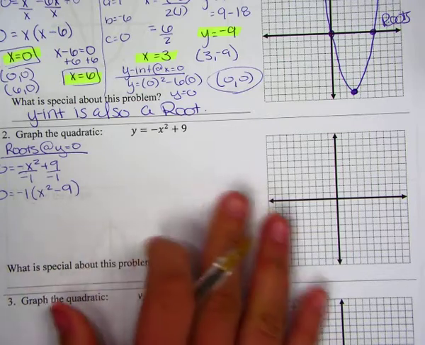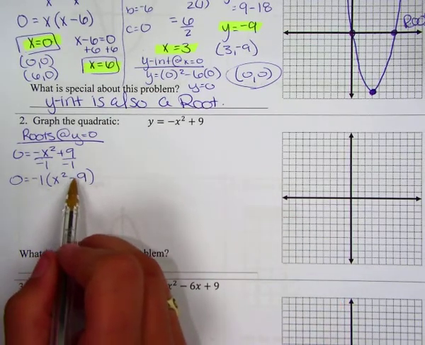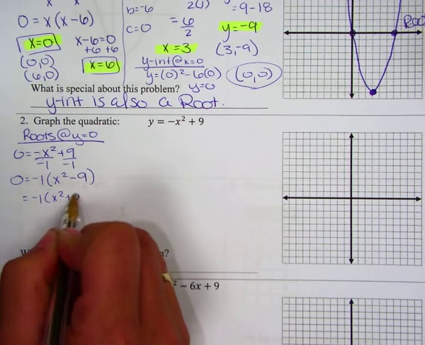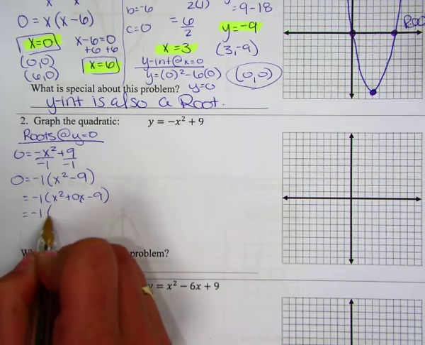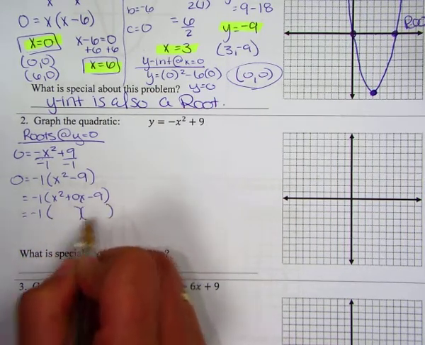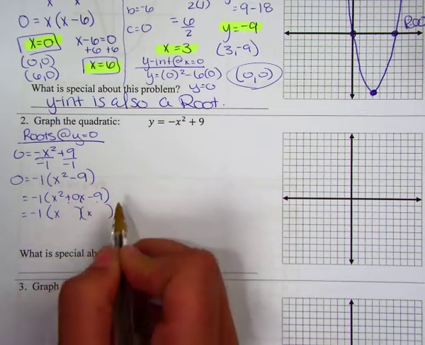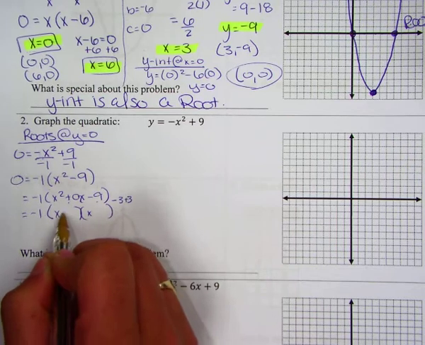Now, this is actually the difference of squares, but if you're confused, there's no bx term. So I'm going to add in 0x minus 9. So I need two numbers that multiply together to get negative 9, combined to give me 0. That's 3 and 3, if one's negative and one's positive.